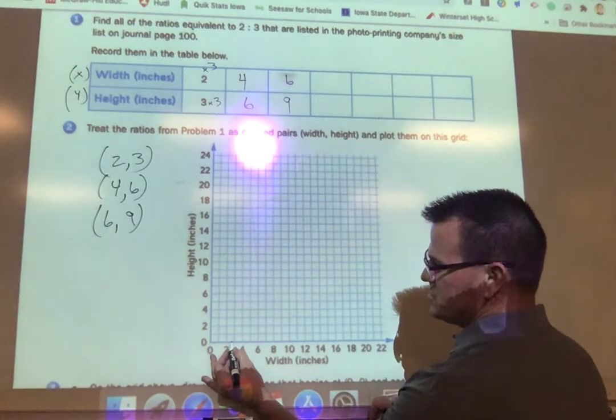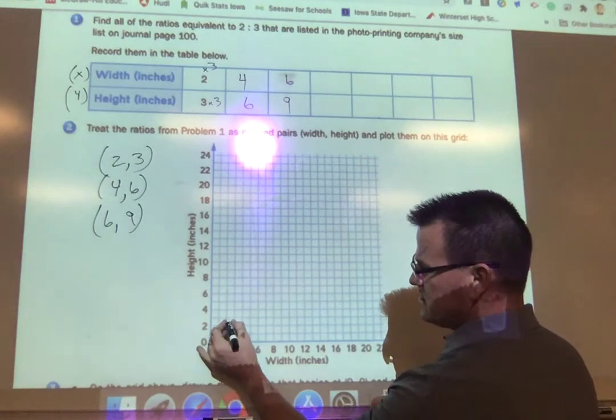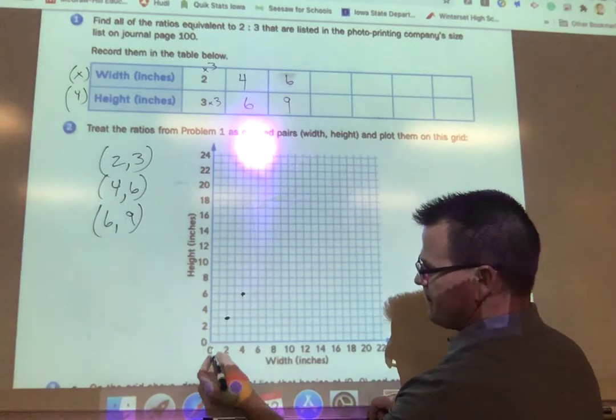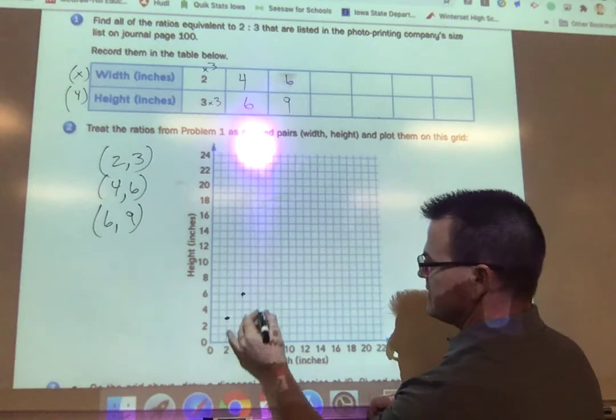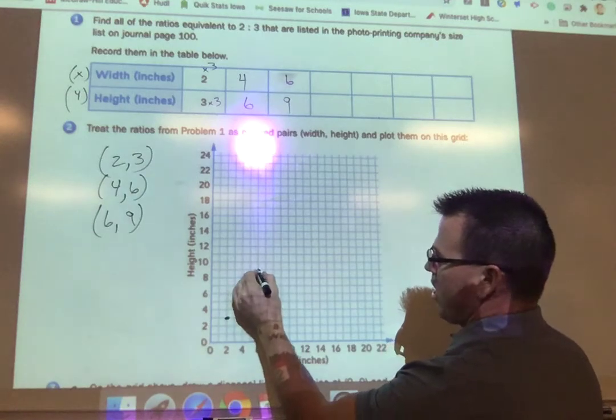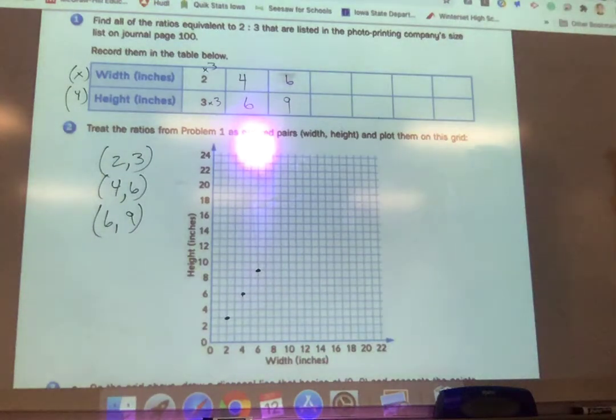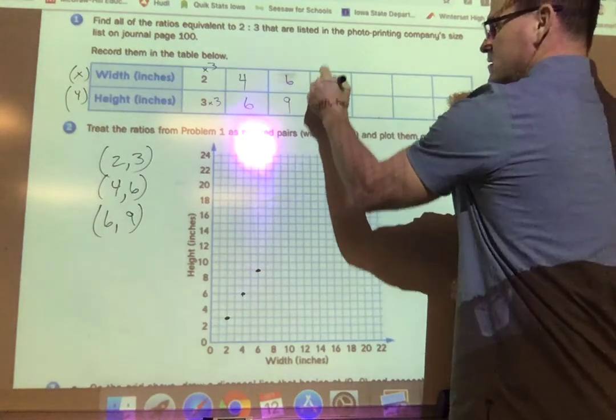So if I go over 2, up 3, over 4, up 6, and over 6, up 9, I can see right now that's making a straight line. There are other sizes of frames here. For example, there was an 8 to 12.